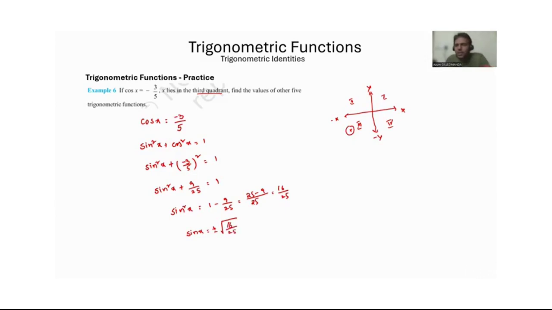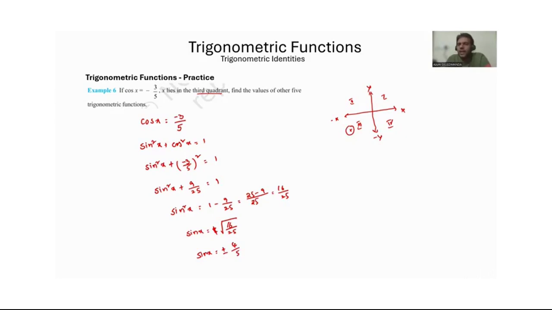So sin x is square root of 16 by 25. What is sin x? Sin x can be plus or minus value, right? It can be 4 by 5 or minus 4 by 5. Why am I taking this?